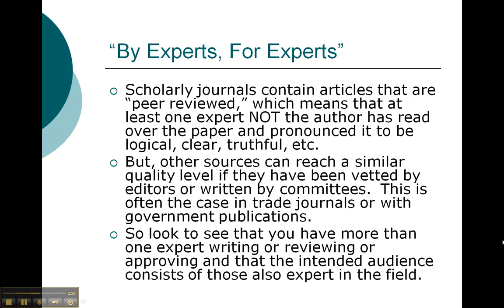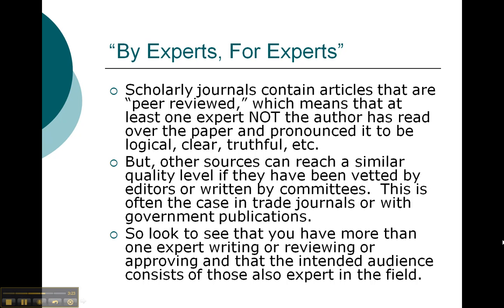Keep in mind when you're thinking about what is a by expert and for expert article that journal articles are peer-reviewed. That means that other experts have said that it's a well-produced piece before it's published. And other high-quality sources can reach a similar quality level if they have been reviewed by other experts or several committees.